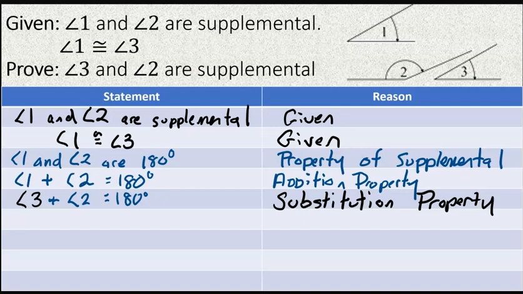Okay, so what I chose to do was substitute angle 1 for angle 3. I was able to do that because of this statement. So, I now pretty much have my proof. Keep in mind, I didn't do this on purpose.